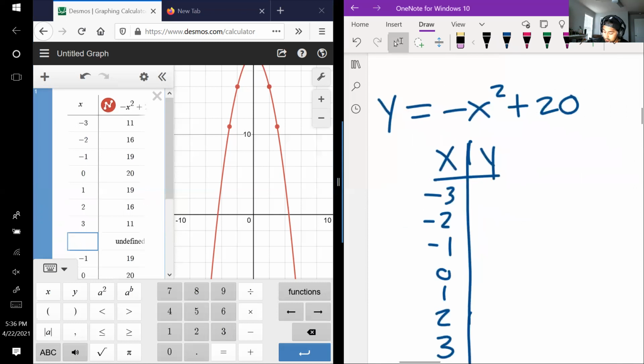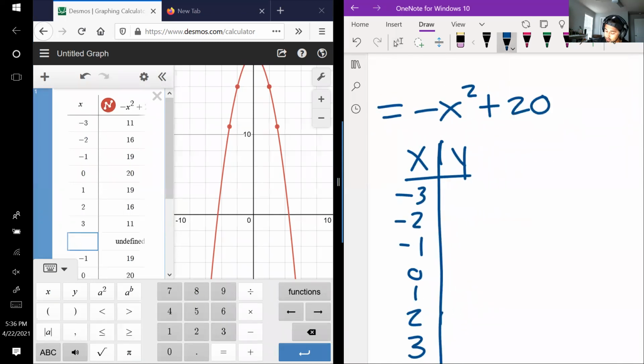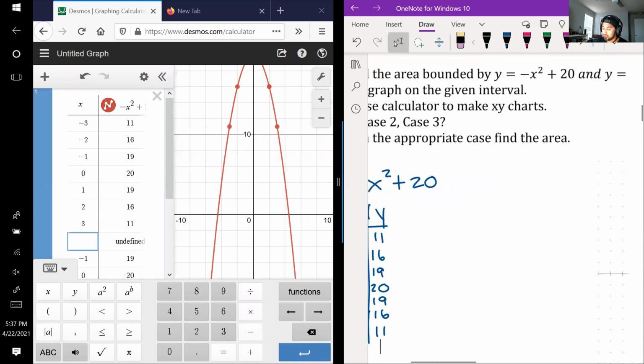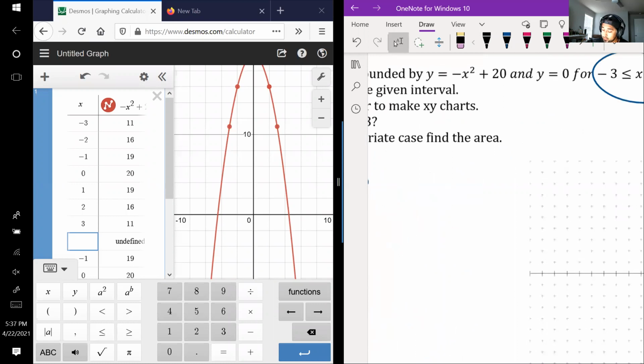Okay, so for my XY chart over here on the notes, we get 11, 16, 19, 20, 19, 16, and 11. Okay, the other function given here was y equals 0. So we'll make an XY chart for that.